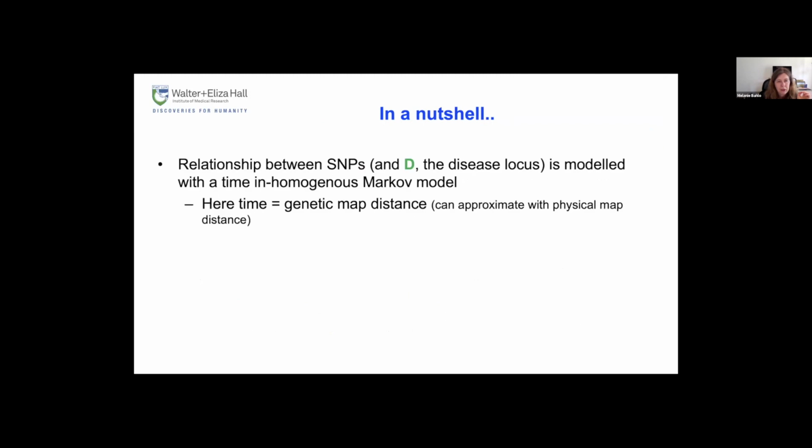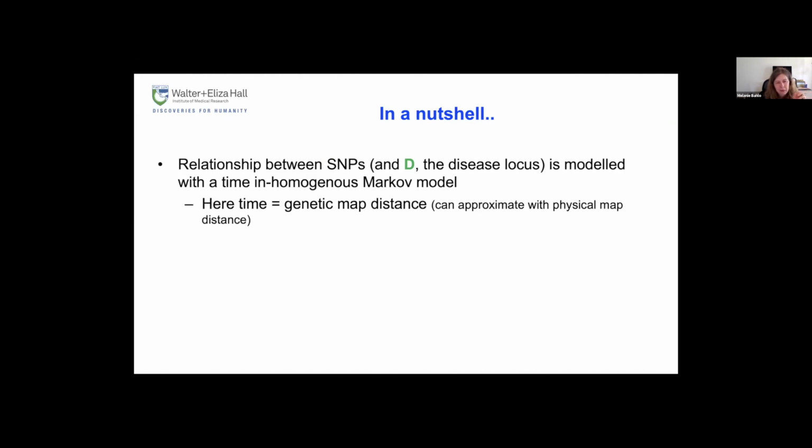Okay, so in a nutshell, or rather going a little bit deeper, the relationship between the SNPs that are in the genotype data matrix G and the disease locus D is modeled with a time inhomogeneous Markov model. But here, time is not actually the measure that you use.